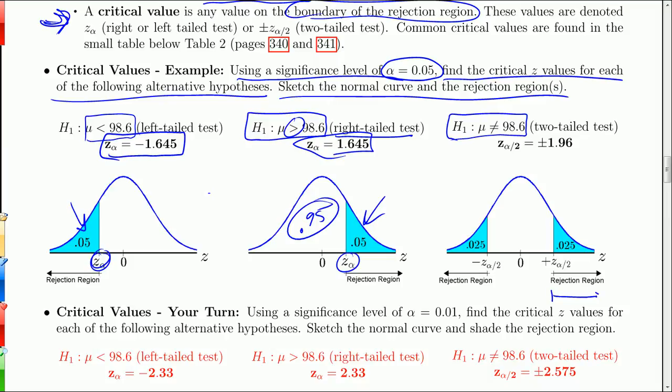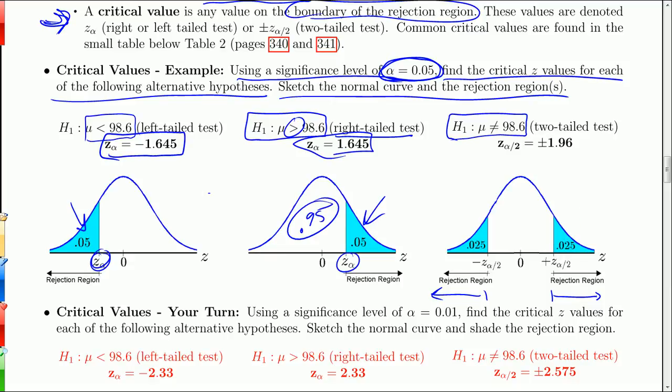So I actually have two rejection regions. But since I'm at a significance level of 0.05, the total rejection region has to have area 0.05. So the left tail gets half of it, and the right tail gets the other half. So I have to get 0.025 inside that left tail.